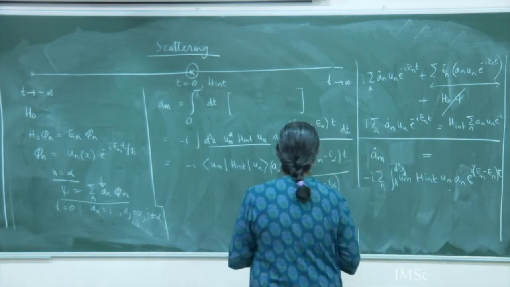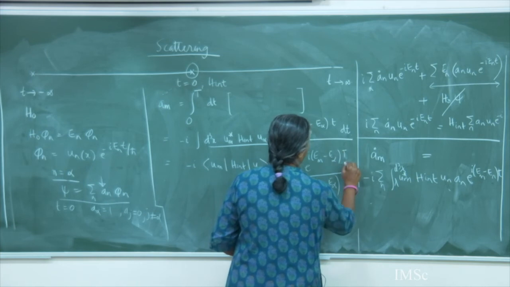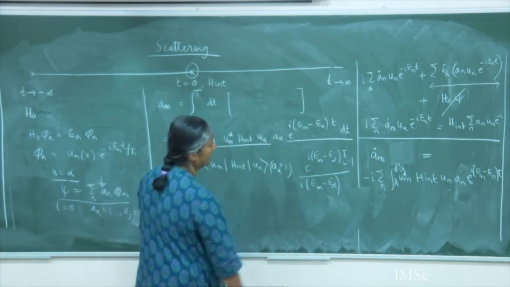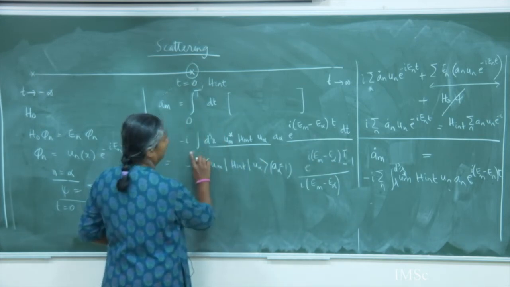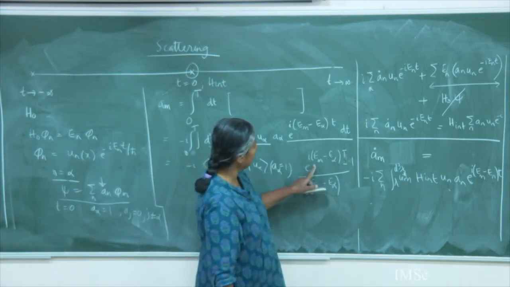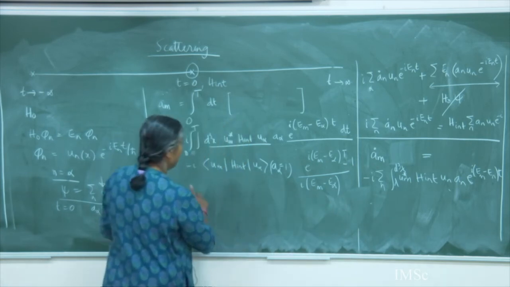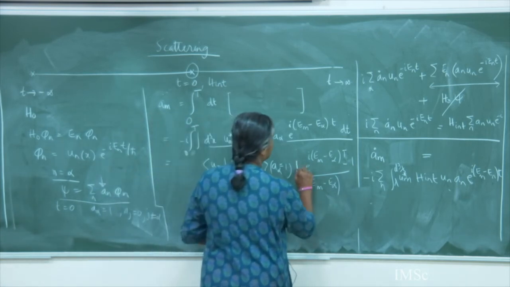So from 0 to T, this will be e to the i (E_m minus E_alpha) T minus 1 by this denominator, right? When t is equal to capital T, I get this, and when t is equal to 0, I get this, and minus i and i will cancel to give you a sign. So let me just write it as 1 minus.